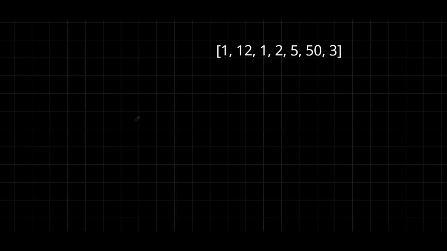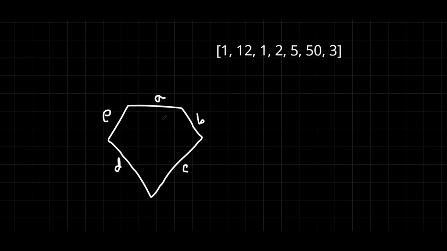A polygon is a closed region made using some straight lines. Suppose this straight line is A, this is B, this is C, this is D, and this is E. Let's assume it is a polygon, and this stick D has the largest length.